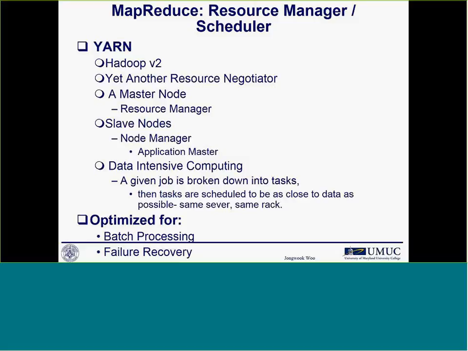So YARN is like the manager that schedules, manages, and monitors the resources of the Hadoop cluster. Resources are nothing else but memory, CPU, and disk, right? So YARN is like the manager who schedules, monitors, and manages those resources.